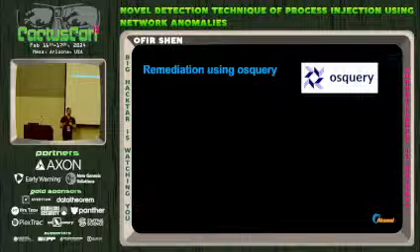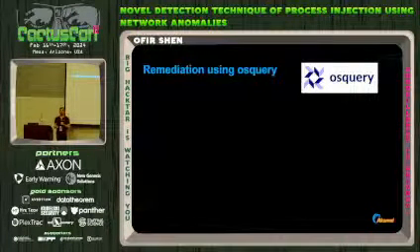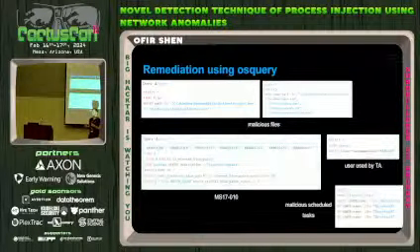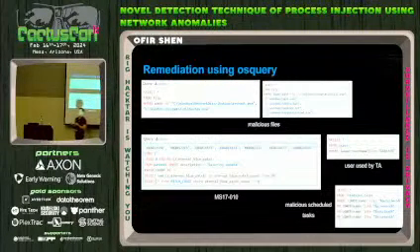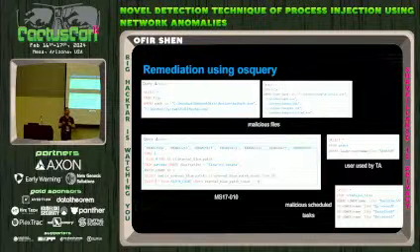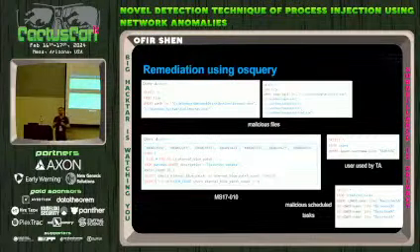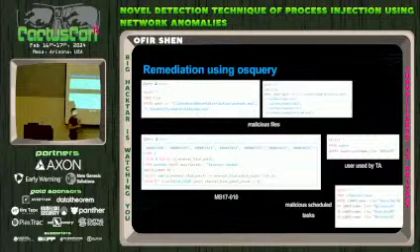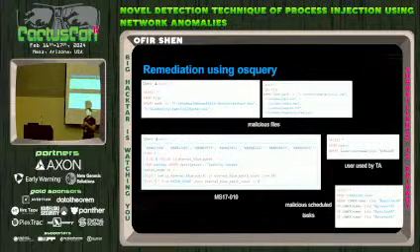So using OSQuery capabilities, we could take these IOCs and look for them in the network. As you can see, you might recognize some of these files from before. We're looking for the malicious files the attacker deployed. We're looking for the username that it used.